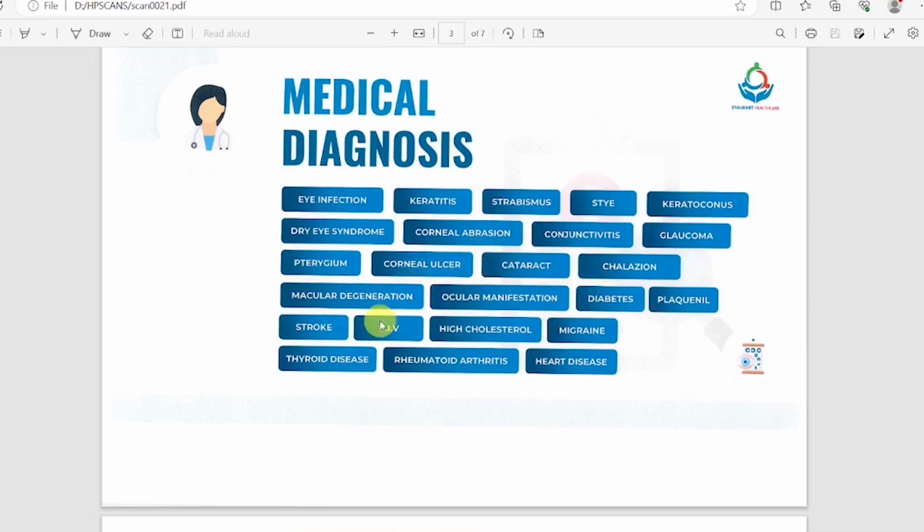Those are common medical diagnoses we see in an optometry group practice. Again, macular degeneration, diabetes, patients who are on Plaquenil, patients who had strokes, HIV patients. These are all considered medical diagnoses, which matters when a patient comes in with two different insurances.